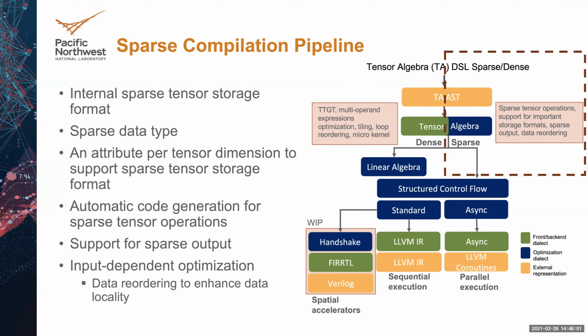The compiler itself automatically generates the sparse kernel based on the expression and its sparsity. One important thing is that our compiler can generate sparse output. It doesn't need to be dense every time. And we have some input-dependent optimizations in the compiler. At the end of my talk, I will talk about the performance numbers with these optimizations.